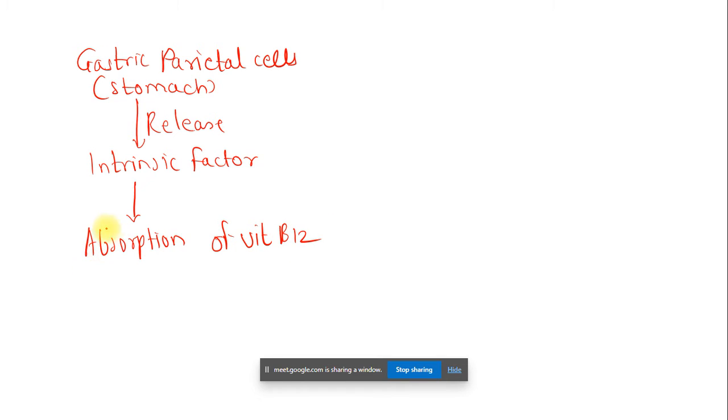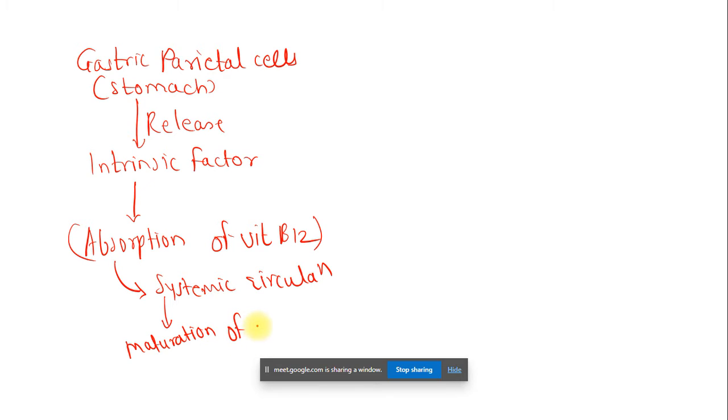Okay, so as it helps in the absorption of vitamin B12, the vitamin B12 gets into the systemic circulation, and it helps in the maturation of erythrocytes.